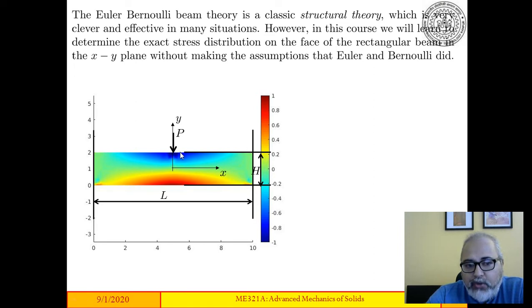As a contour plot, what I have plotted is the difference between the exact stress that I calculate from a more accurate theory of elasticity minus what is predicted by the Euler-Bernoulli beam theory. So, 0 means that there is no difference between the two, both are the same. 1 and minus 1 would mean that the differences are very large. So you don't have to worry about the colors so much.